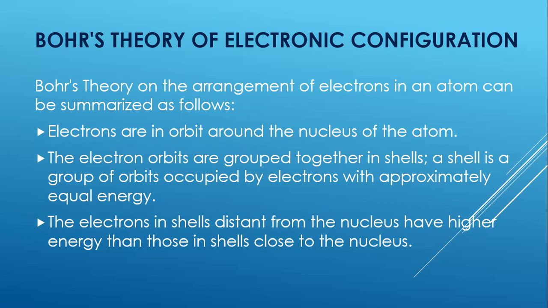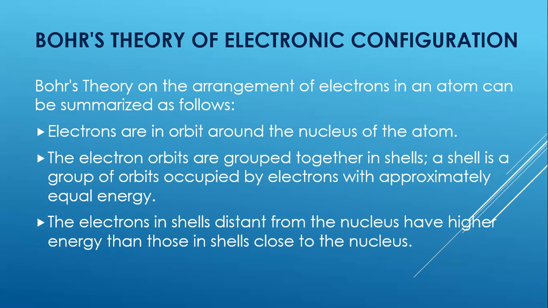The first one is that the electrons are in orbit around the nucleus of the atom. So that's the first thing that I have to note. The second is that the electron orbits are grouped together in shells. A shell is simply the group of orbits occupied by electrons with approximately equal energy.